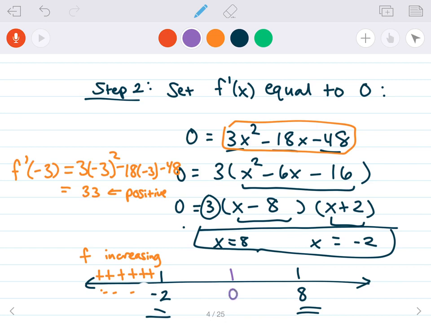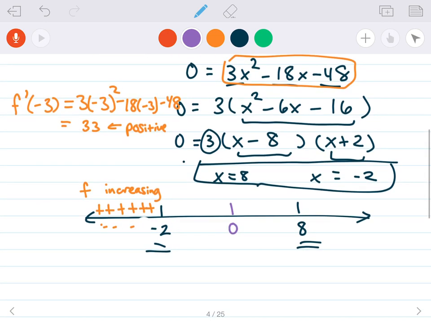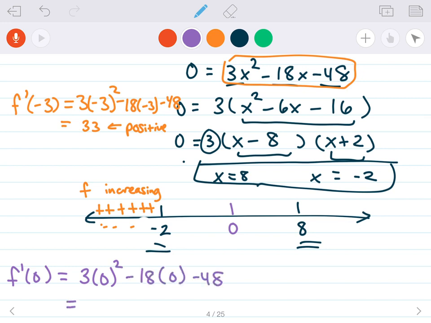You could pick another number, it doesn't matter, but let's do the same thing. We're going to plug this into our derivative function to see if it's increasing or decreasing. So plugging in 0 for x into our derivative, what do we get? Well, it looks like we get negative 48.